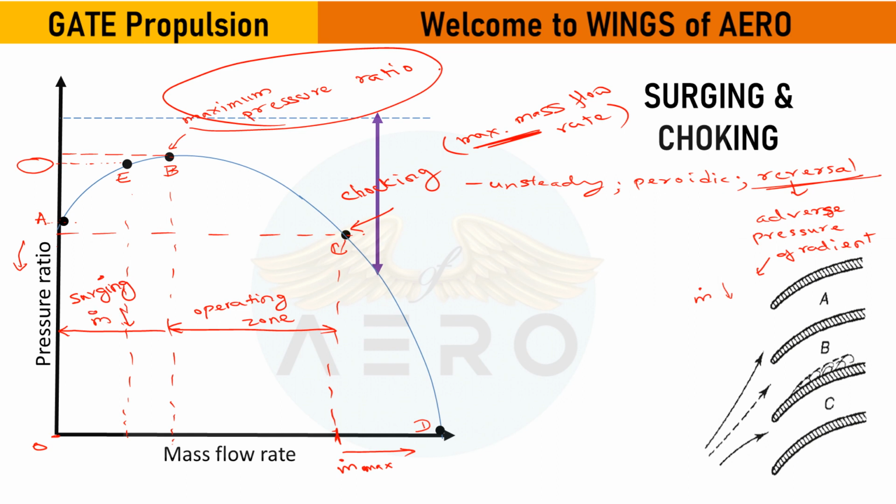If it is less than the mass flow rate of the operating zone, we call it surging. If it extends the mass flow rate beyond the operating zone, or the optimized condition, we call it a choking operation, okay.